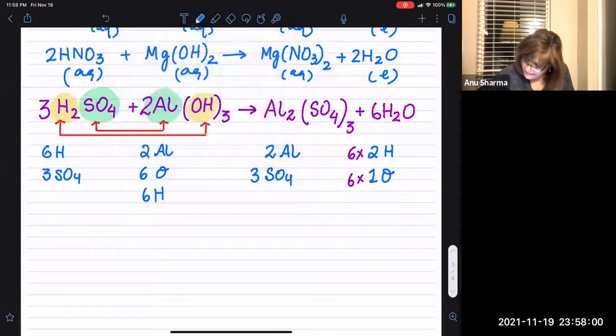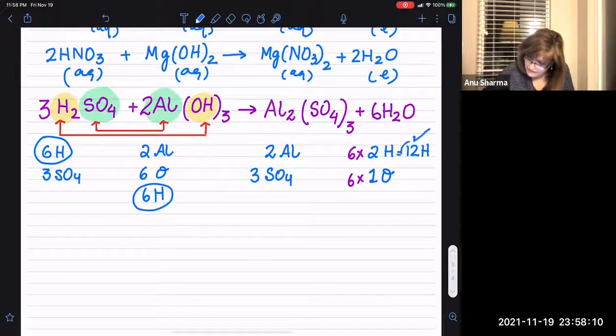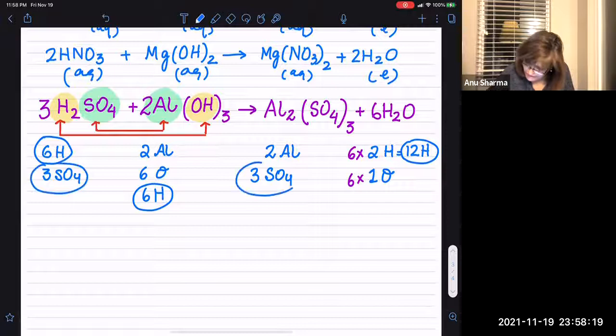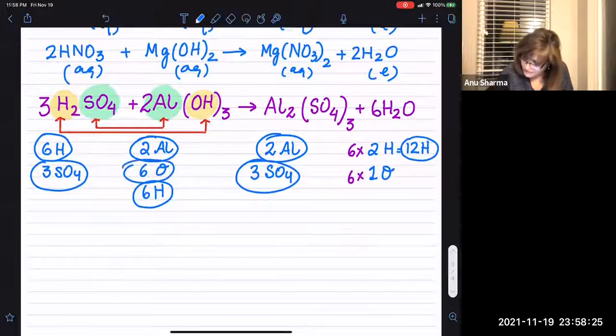So 6 twos are 12 hydrogens. So 12 hydrogens, so 6 here and 6 here, so 12. So these are balanced hydrogens, and we have 3 sulfates balanced. We have 2 aluminums and 2 aluminums, and we have 6 oxygens here, and we have made 6 oxygens here.